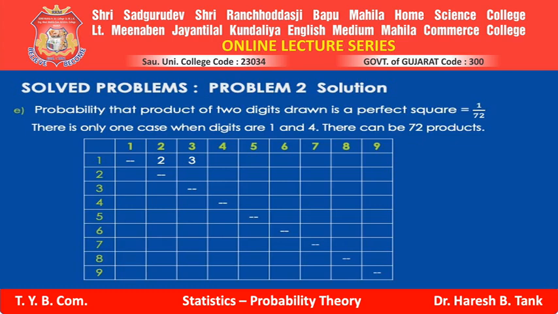Now, probability that product of two digits drawn is a perfect square. There is only one case with the digits 1 and 4. There can be 72 different products. Let us see.